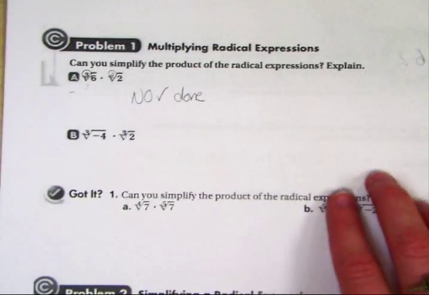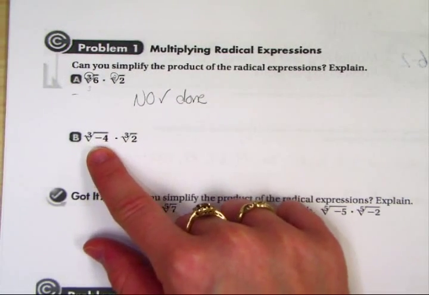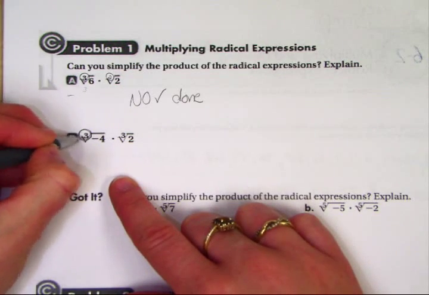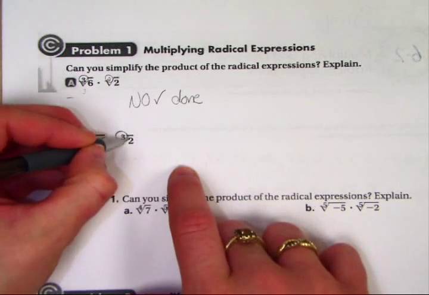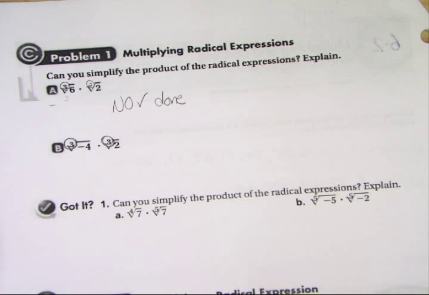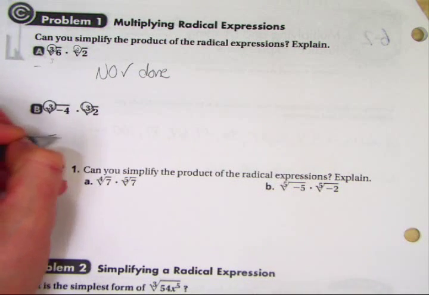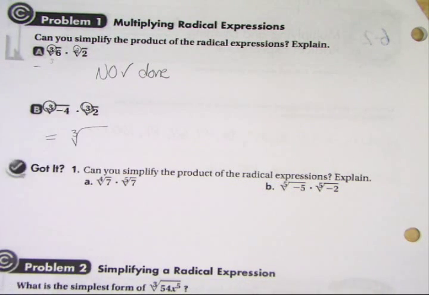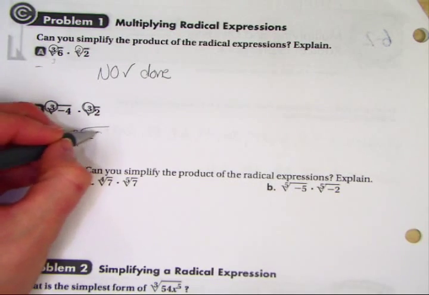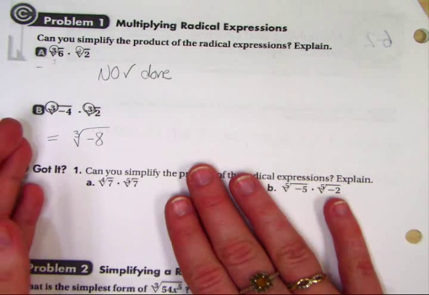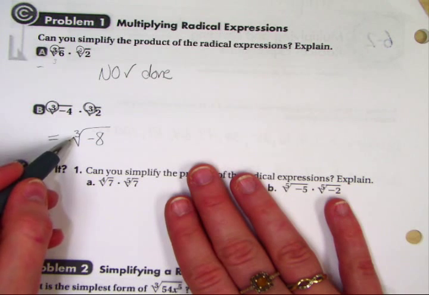Look at the next one. You have the cube root of negative 4. Okay, look, you got a negative cube. And you have the cube root of 2. Those do match, so you're allowed to do the cube root. What's negative 4 times 2? Negative 8. Now I want you to take a pause and look at this cube.